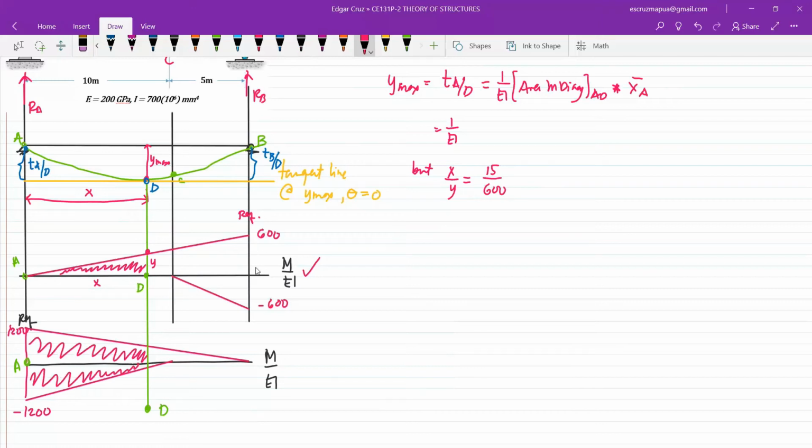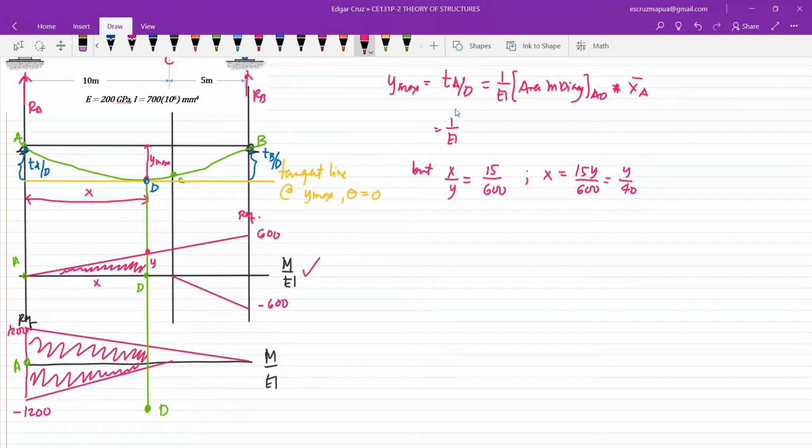Okay, so yung similar triangle over here, yung malaking triangle. So, X is to Y as 15 is to 600. So, from that equation, I could say that X is just equal to 15Y over 600. Okay, or that could be simplified as Y over 40.